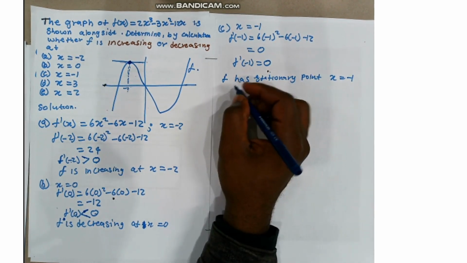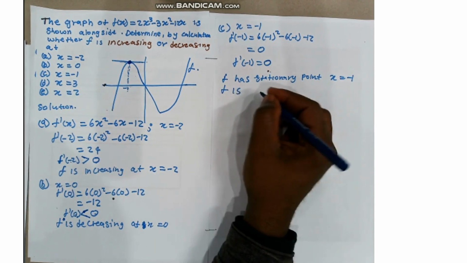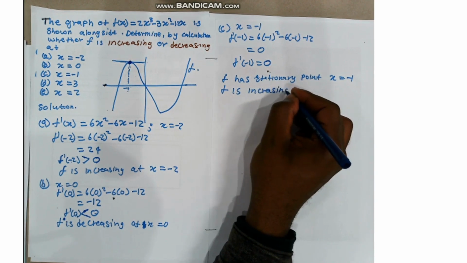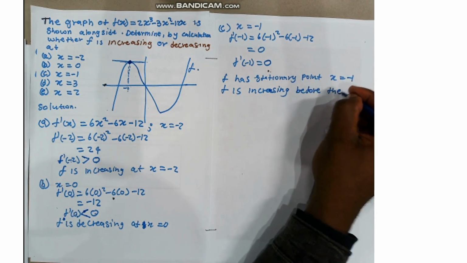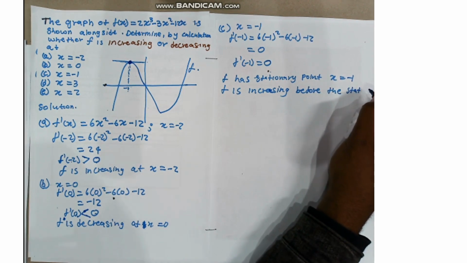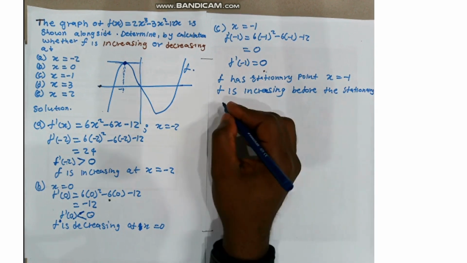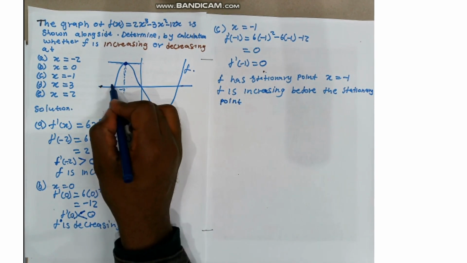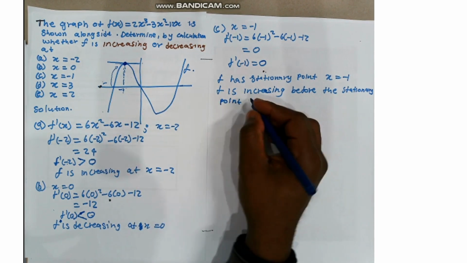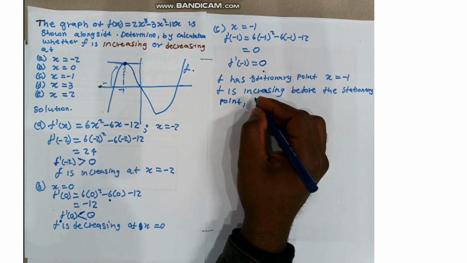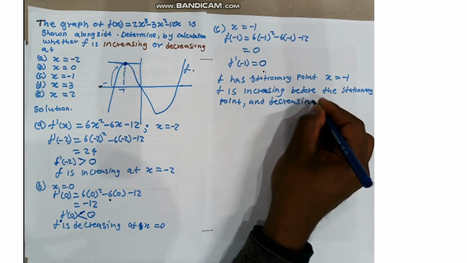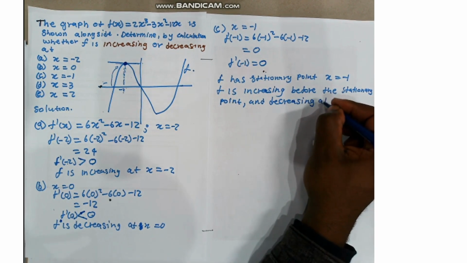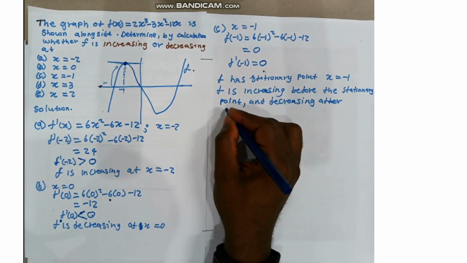What does a stationary point mean? It means that f is increasing before the stationary point, meaning from here going in this direction it's increasing, and then decreasing after our stationary point.